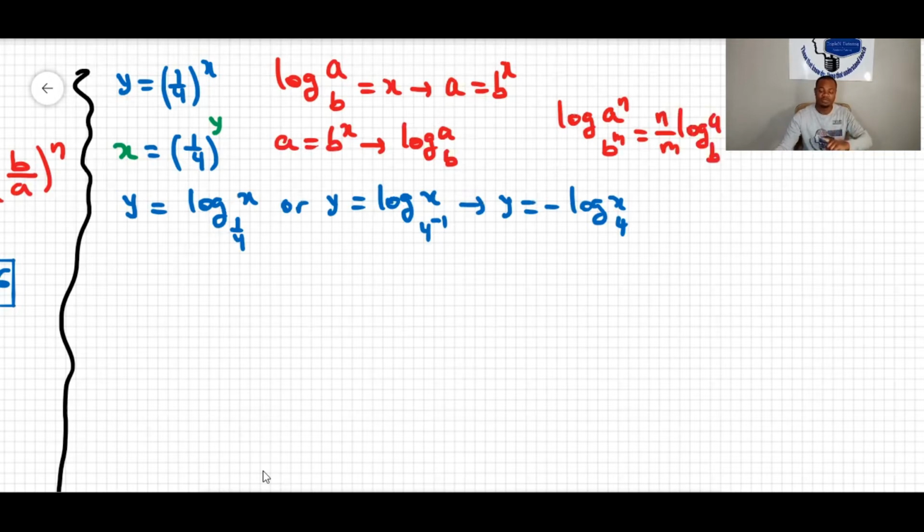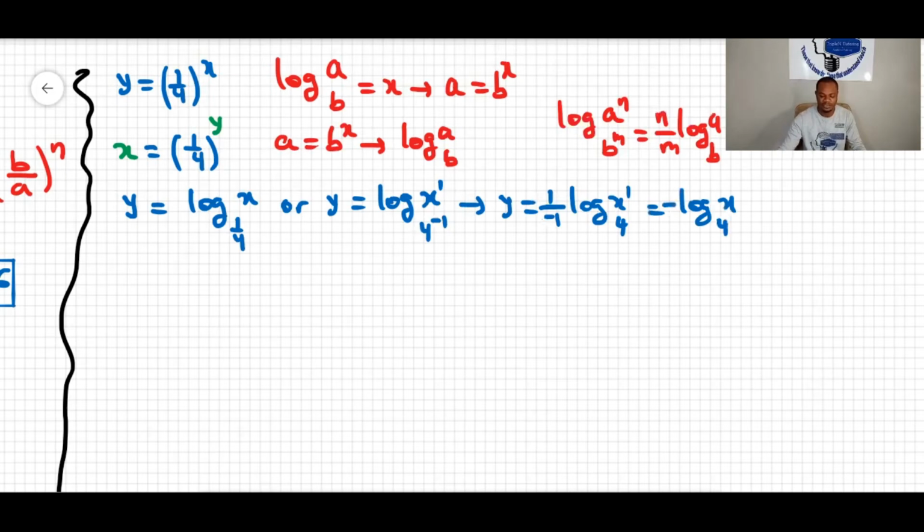So the exponent of the base goes in the denominator. So it's 1 over -1, which is the same as negative log of x base 4.